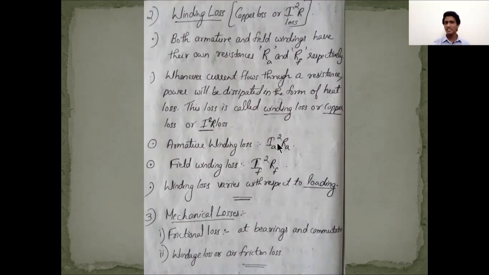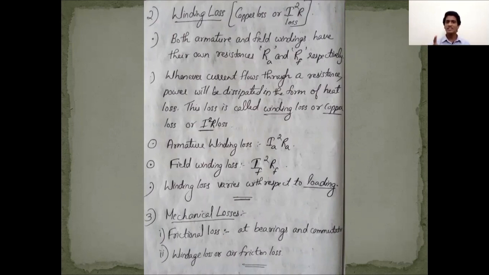Whenever we vary the load connected to my machine, Ia also varies. So Ia square Ra is always a variable loss, whereas the field winding loss depends on the type of machine. For example, for a shunt wound machine, the shunt field winding current will be constant.